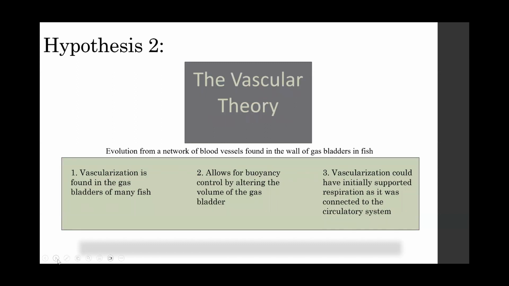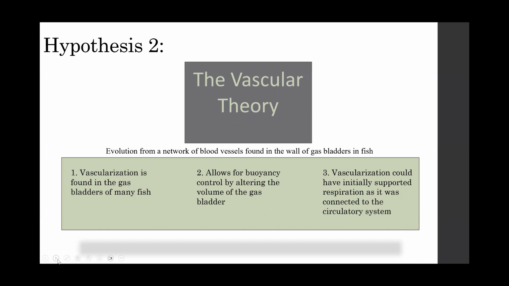All right, and our second hypothesis is going to be the vascular theory, and this is essentially an evolutionary adaptation that was derived from a network of blood vessels that are found in the wall of the gas bladders in these fish.